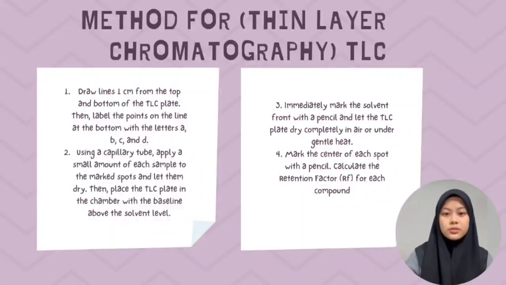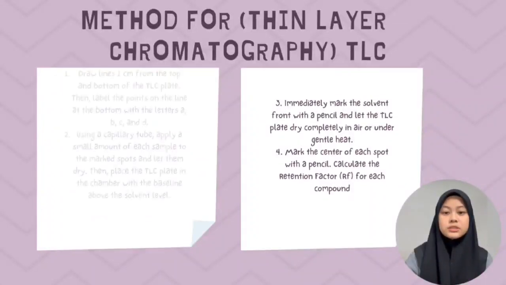Let the solvent ascend the plate until it reaches about 1 cm from the top, then remove the plate and mark the solvent front. Finally, measure the distance travelled by each spot and the solvent front to calculate the RF value for each component and compare their values to known standards to identify the components in the sample.